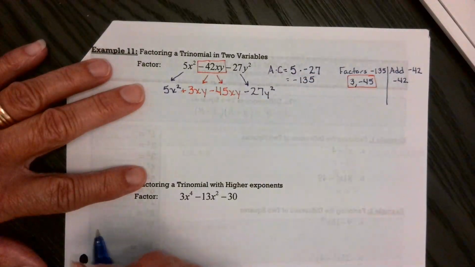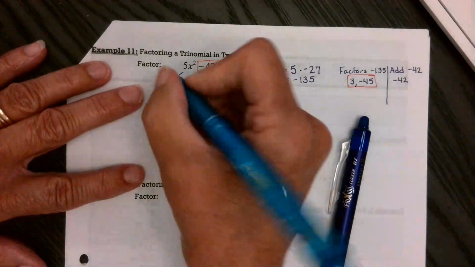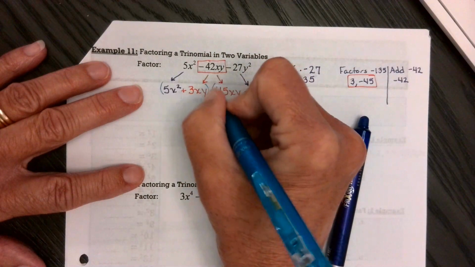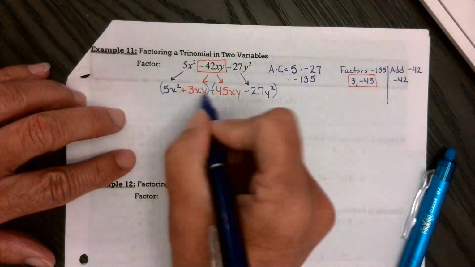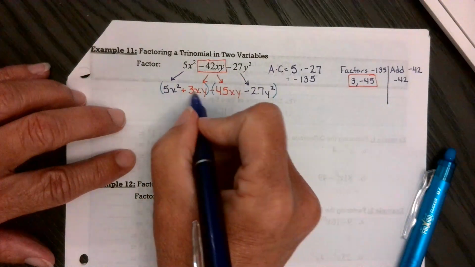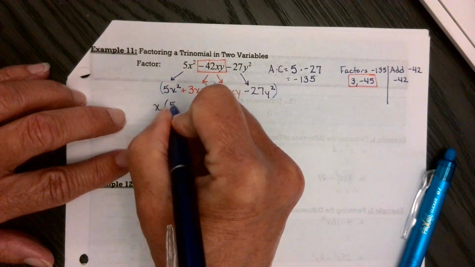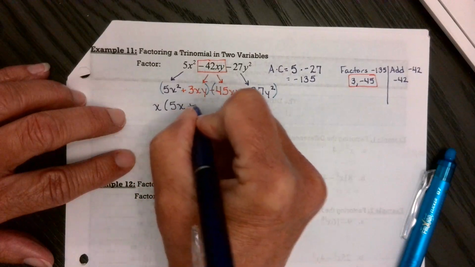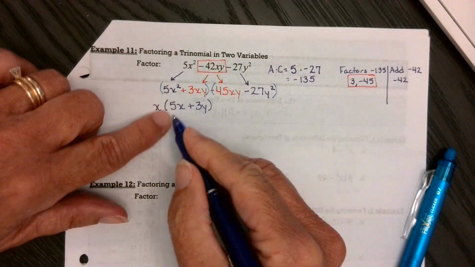Okay, now for four terms, we factor by grouping. I am going to group these two together, and I'm going to group these two together. I can factor out an x right here, and I'm left with 5x plus 3y. If I divide this by x, I get 5x.